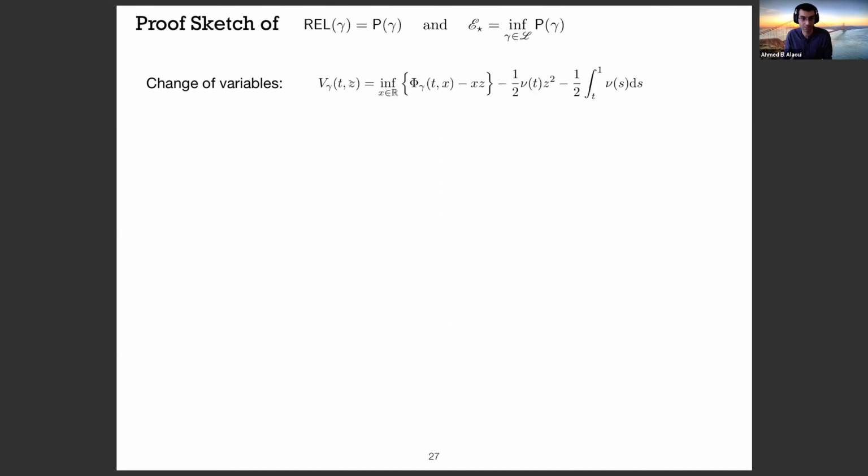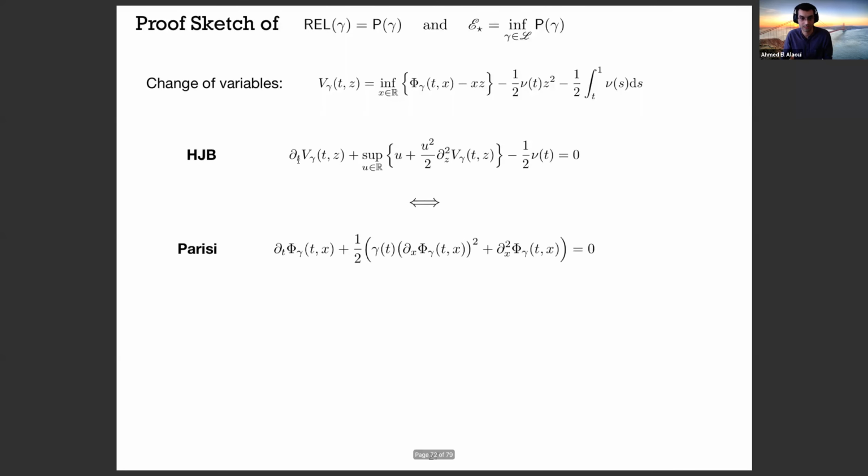So if you write V in this form, forget about these two terms, these are just compensation terms. The main thing here is the Legendre transform of a new function that I call, suggestively, phi of gamma. This is just the Legendre transform of a new function phi of gamma.